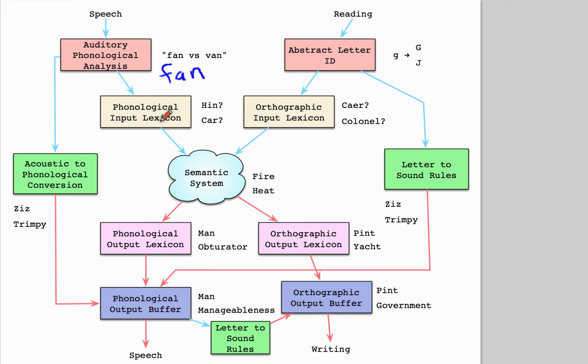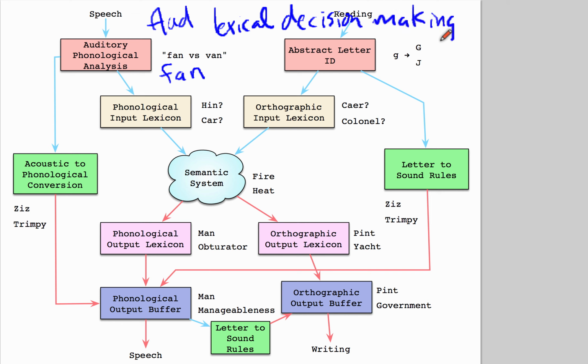Now, the next thing is to match that heard word with a word that you already have stored in your mental dictionary, a memory, so to speak, because you've heard that word before. You have heard fan before, so you recognize, aha, that is a word in my language. We can test this processor by doing what we call an auditory lexical decision-making task, where we give people real words and non-words.